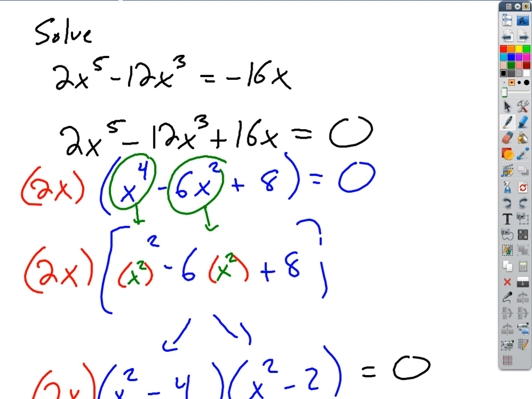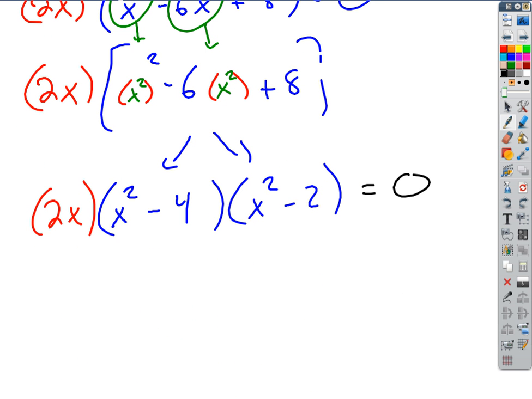But then this other factor was still too big. If I just set x to the 4th minus 6x squared plus 8 equal to 0, we don't have an answer yet. But once we break it apart again, now we've broken it into 3 pieces. That's really enough, isn't it? Now if I set each of those 3 factors equal to 0, I get 3 small equations that are easy to deal with separately. Right?